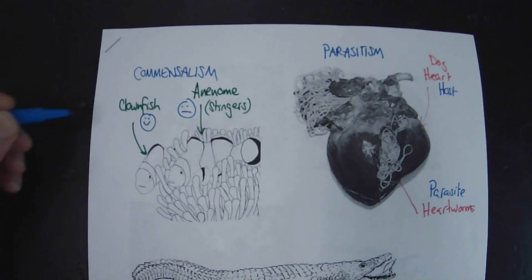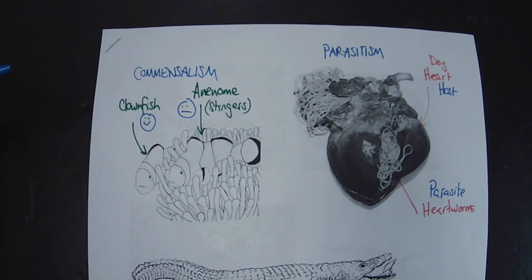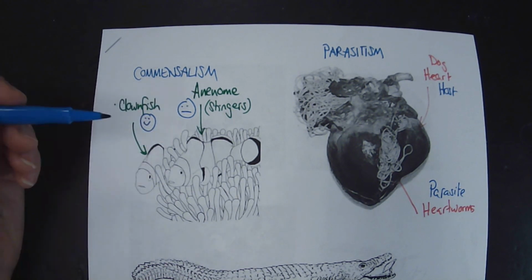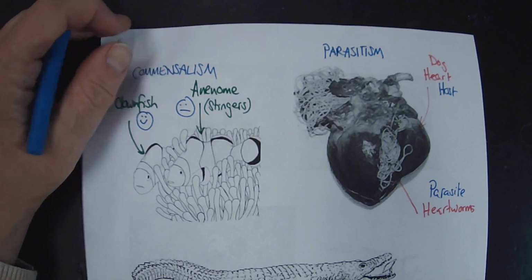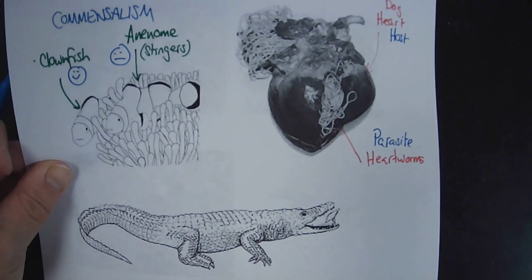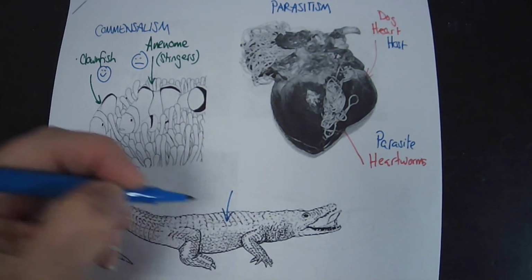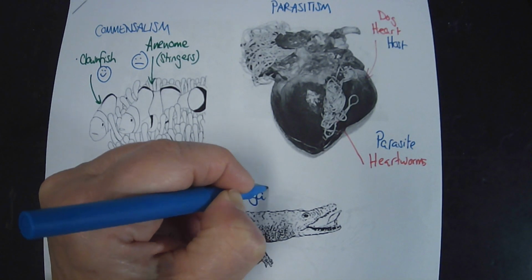When one organism gets something from the relationship that's positive, like the clownfish gets protection, and the sea anemone doesn't really get anything from the clownfish, but it's not harmed by having the clownfish there either. That's commensalism.